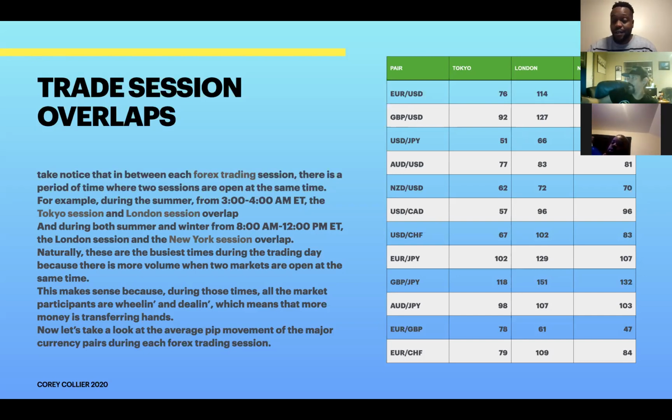But in London, it moves 114. That's a significant increase from 76. In New York, it drops down just a little bit to 92. I'm not going to go through all those numbers, but as you can see, London tends to have the most movement out of the three major trade sessions, followed by New York and then Tokyo.